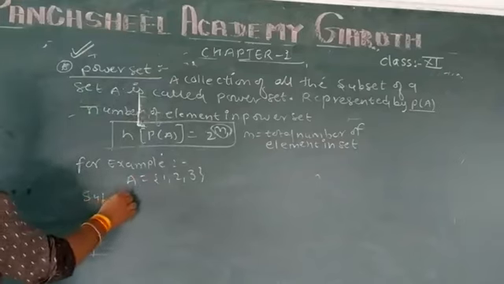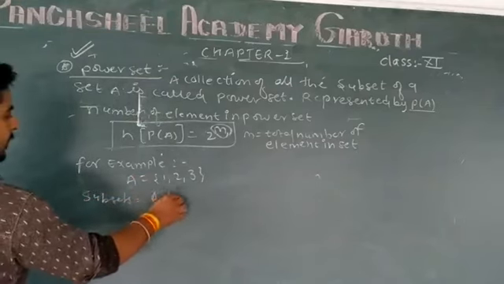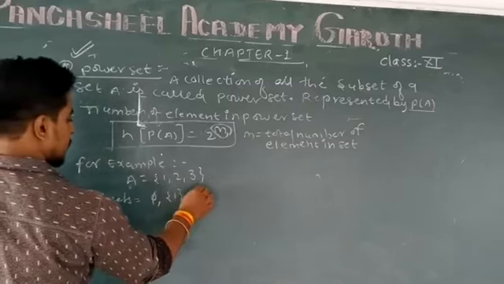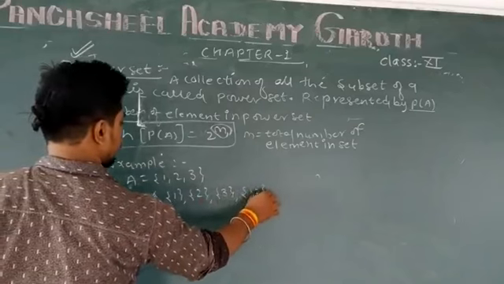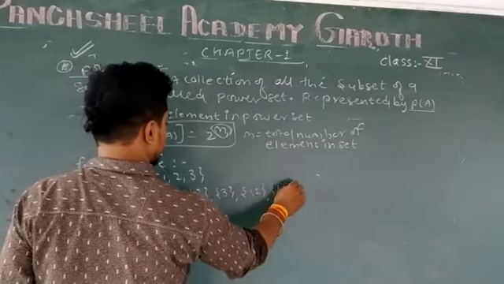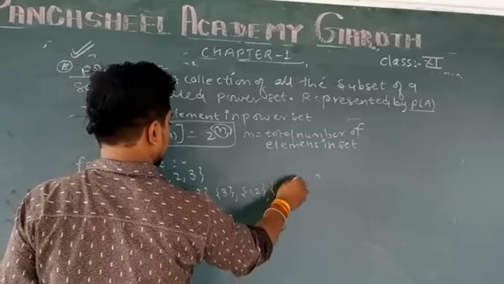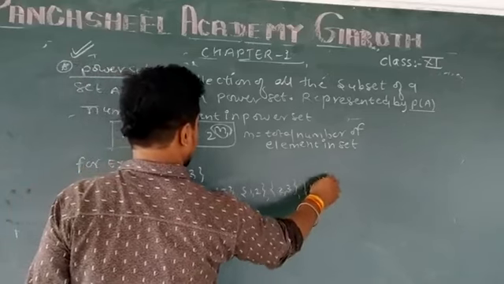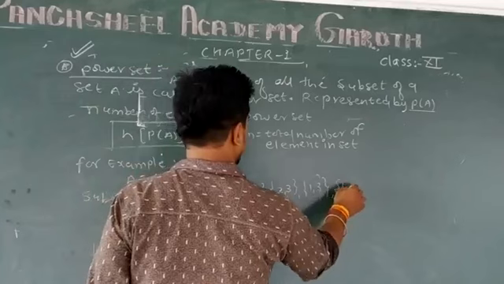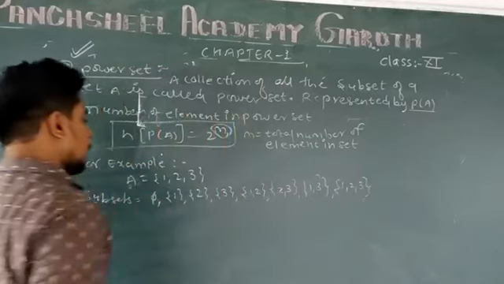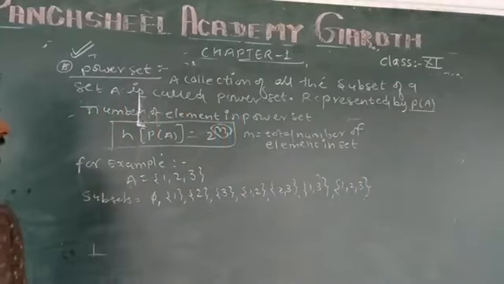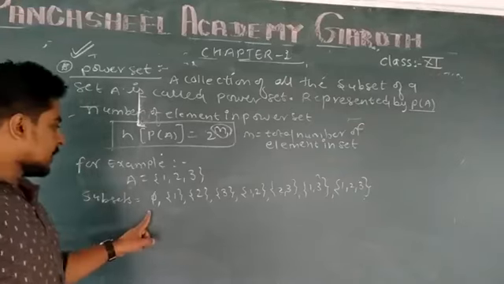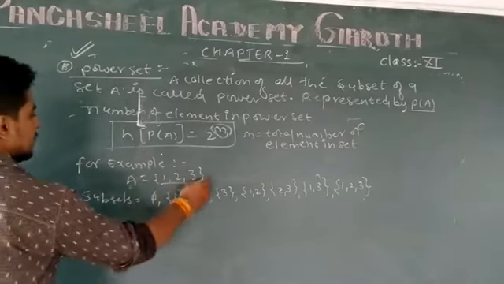The subsets are: first the empty set, second {1}, then {2}, {3}, then {1, 2}, {2, 3}, {1, 3}, and {1, 2, 3}. All these are here. These are the required possible subsets. It means that the set itself is also a subset. So, how many elements are in the given set?